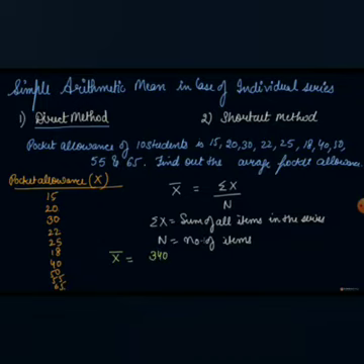And the number of items, the number of students, is 10. Dividing this, we get rupees 34 as the average pocket allowance of 10 students. So this is the direct method to calculate the simple arithmetic mean.